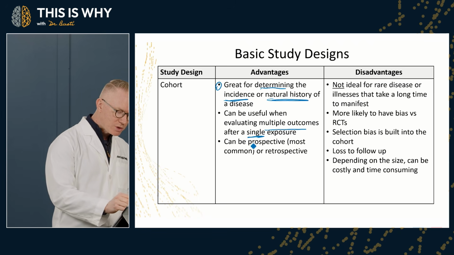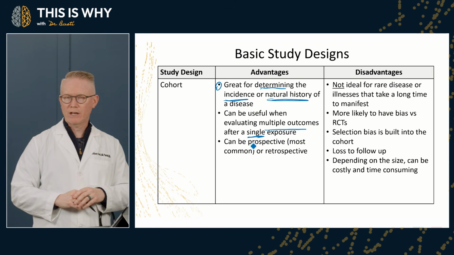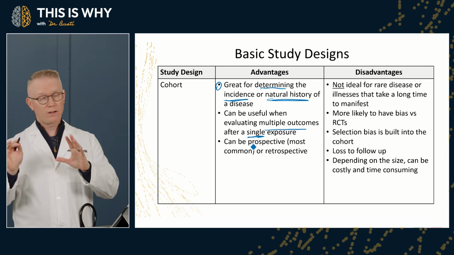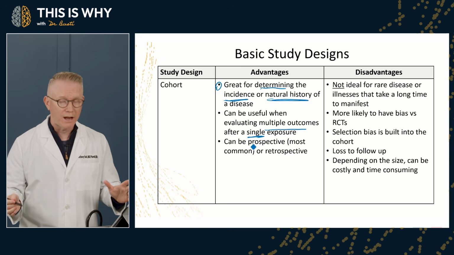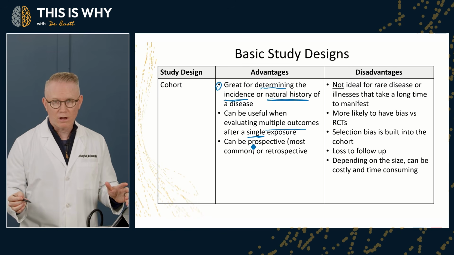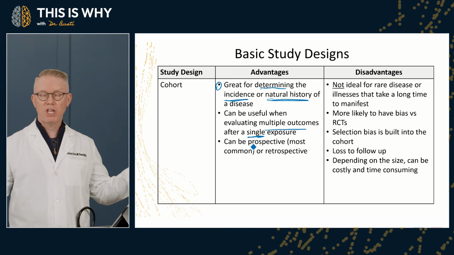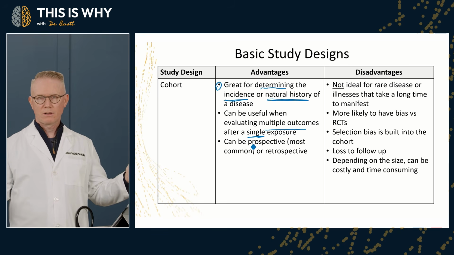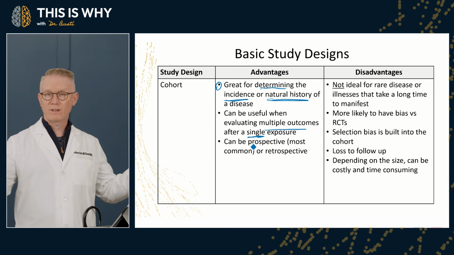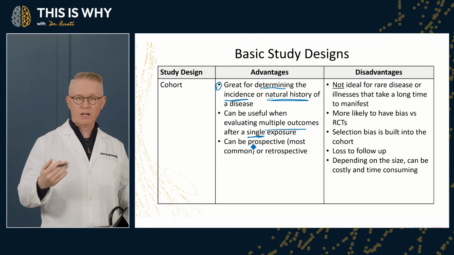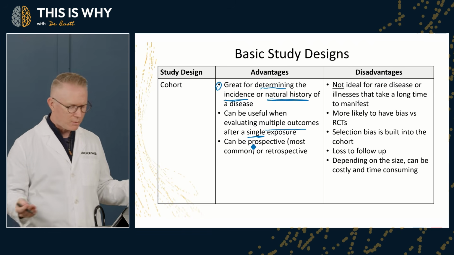And they can be prospective or retrospective in nature, which I've already talked about. The disadvantage is that if you're looking for a rare disease as an outcome, you don't know who's going to develop it. You could spend years, decades. There have been cohort studies that have been followed for decades, and that's a lot of time, money, and energy to study something that you're probably not going to find anyway.